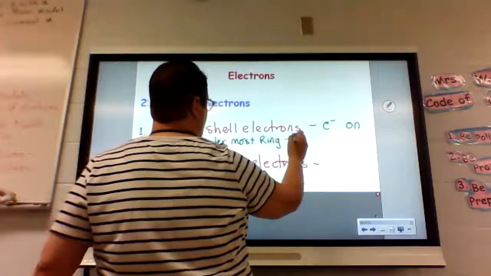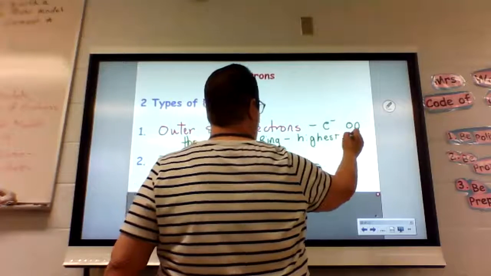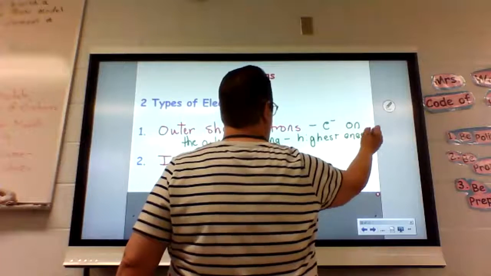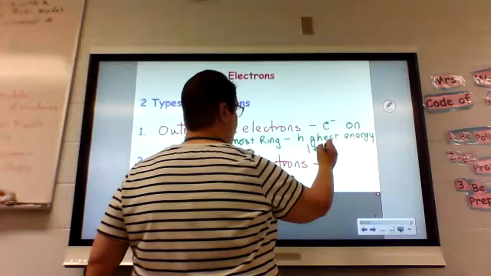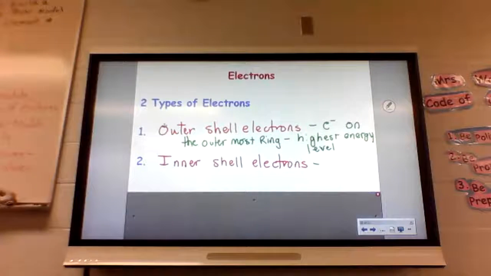We refer to that as the highest energy level. Okay? Now, most of you will recognize that as the outermost ring. All right? But it's the highest energy level. Now, the outer shell electrons will only be on one ring that's known as the outer shell.